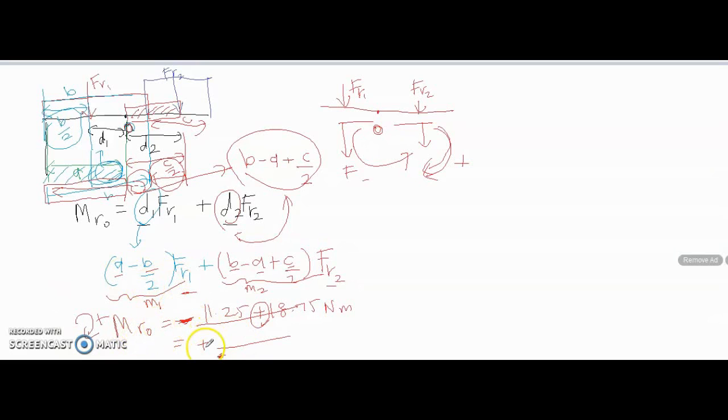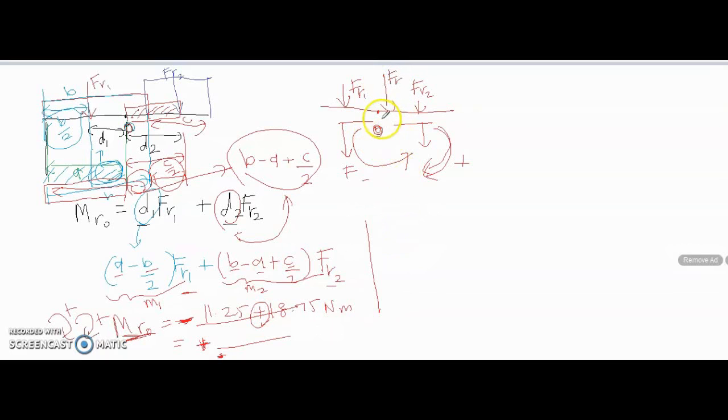So if the answer is positive, your assumption is correct, that clockwise is positive. After you get the MR naught, the question actually asks you to find the location of where the total resultant force is at, about point O.